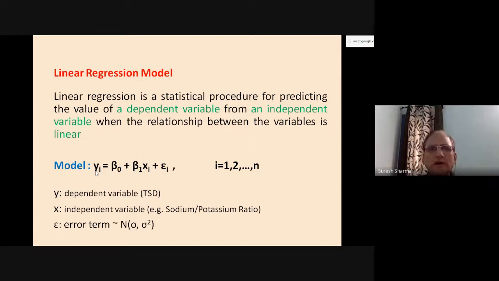Let me give you a very simple example of a simple linear regression. Now let's say I enter a class. There are 30 students in the class. I have a measuring tape with me and also a weighing machine, right?